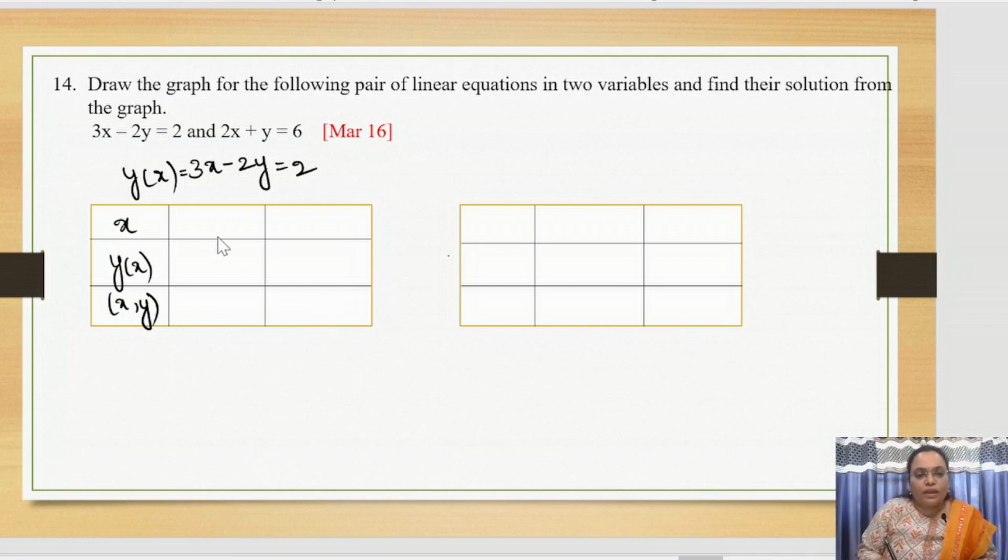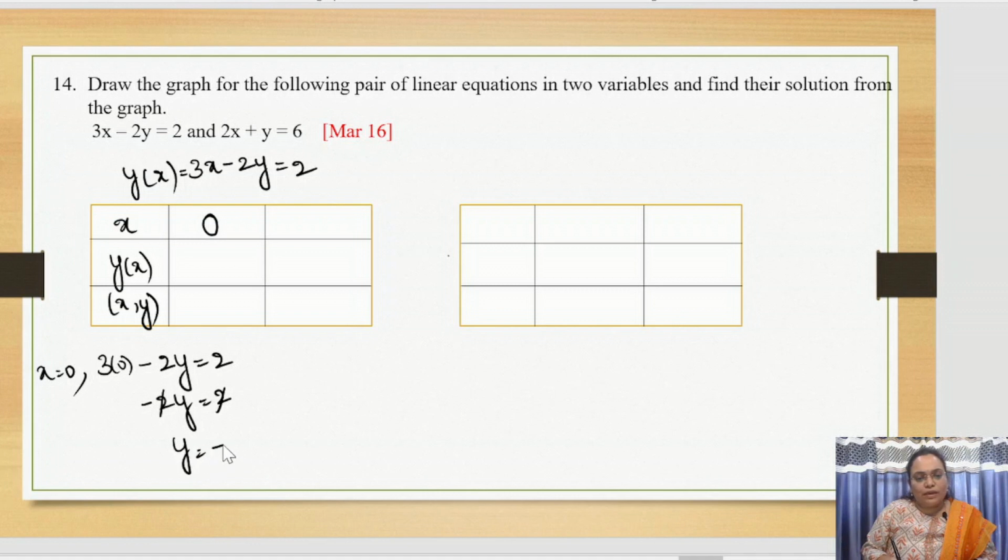Okay. So if you put x is equals to 0 here, you will get 3x minus 2y, with x as 0, is equals to 2. So you will get minus 2y is equals to 2. The 2 will get cancelled. You will get y is equals to minus 1. When x is 0, you will get y as minus 1.